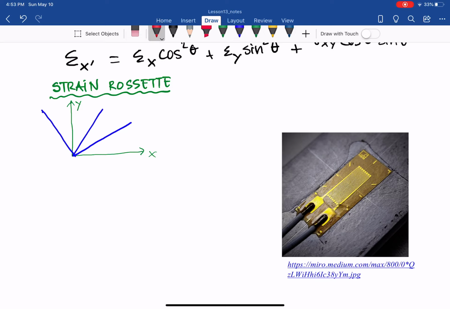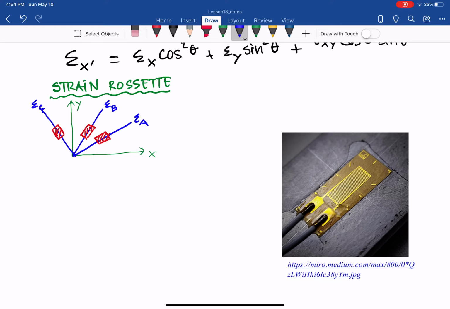So we put three strain gauges, and let's call the corresponding readings epsilon A, then the reading from the next strain gauge, epsilon B, and the next reading, epsilon C.